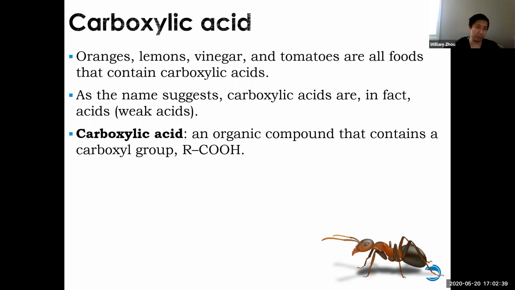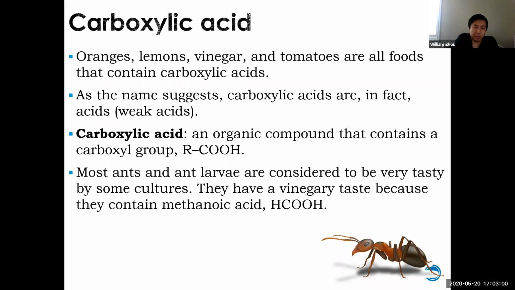A carboxyl group is denoted as R with COOH. This means that the carbon is double bonded to the oxygen, which is then single bonded to an OH. Okay, so the carbon is making 4 bonds. 3 of those are with oxygen and 1 other bond with a carbon chain.